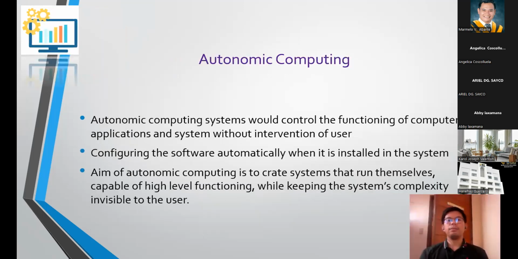The last contemporary hardware platform trend is autonomic computing. Some experts believe that with large systems encompassing many thousands of network devices, computer systems have become so complex today that they may not be manageable in the future.